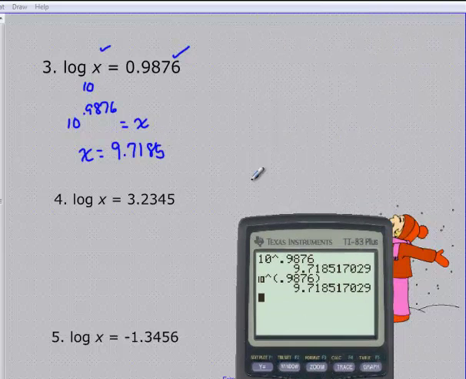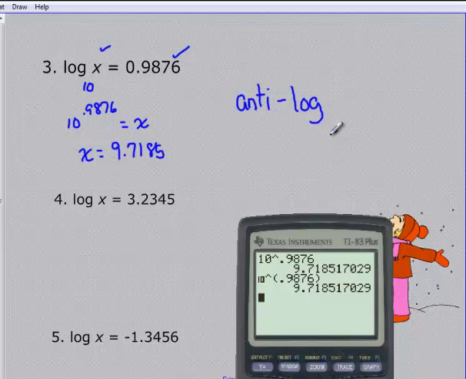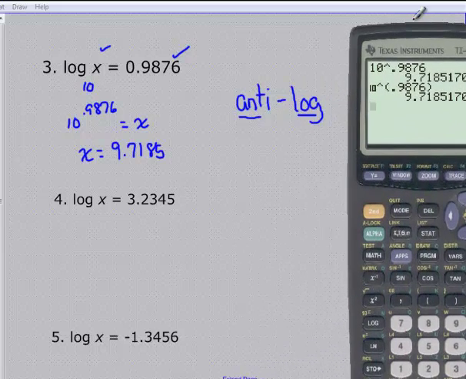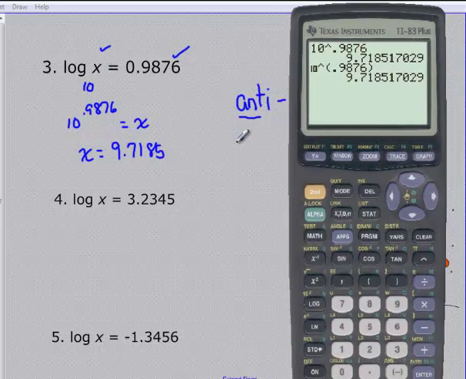And this you'll actually call anti-log. Anti means against. So we are unlogging, anti-logging. Instead of logging to find the exponent, we're giving the exponent, and we're going back to what the power is. So feel free to use whichever one.